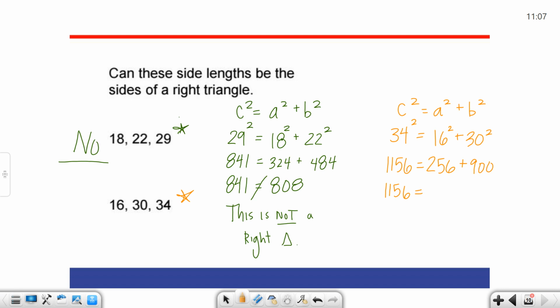If I add up 900 and 256, I get 1156. So this one matches. So c squared does equal a squared plus b squared, so that means that this one is a right triangle.